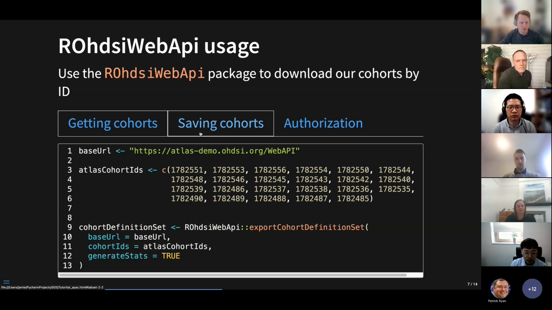Similarly, if you want to save these cohorts so you can run them in a firewalled environment, say, I know a few sites have that condition that their CDM can't be connected to any external IP connections, you can do that too, but again, I won't go into that because it's a bit of a side topic. But that is possible too.